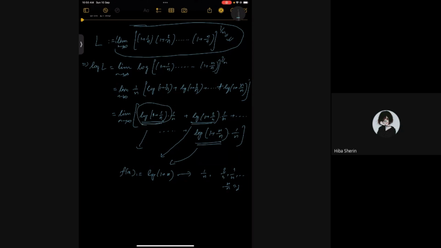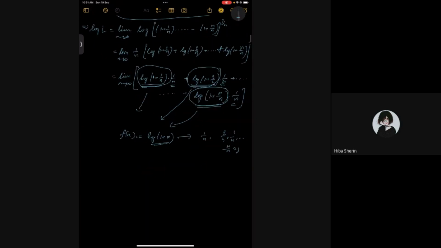And at the same time, I multiply it with the factor 1 by n in each case, which is nothing but the length of the subinterval for the partition that we have. So again, 0, 1 by n, 2 by n, up to n by n equal to 1. The first point we chose is 1 by n, the last one is n by n.